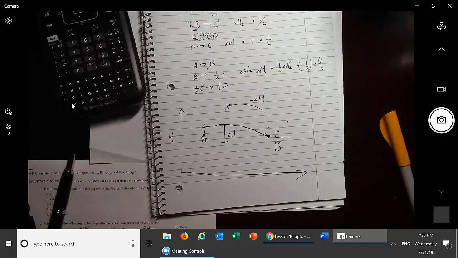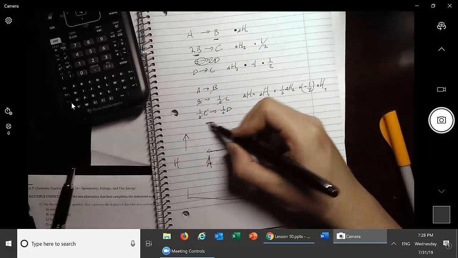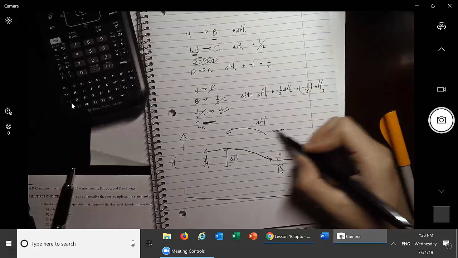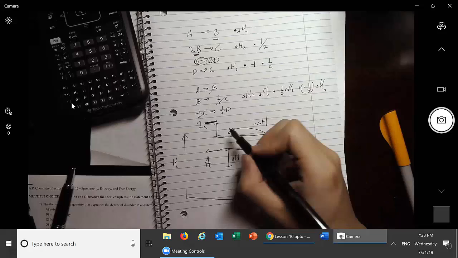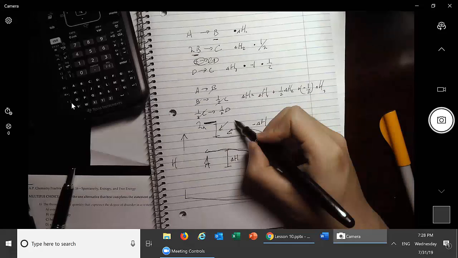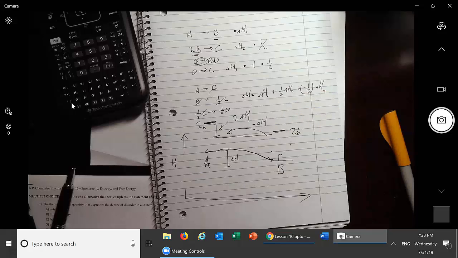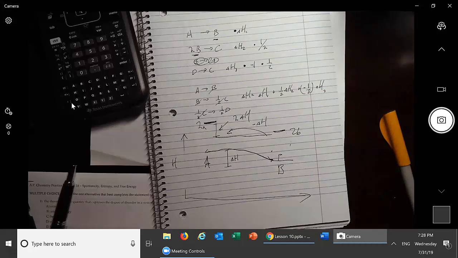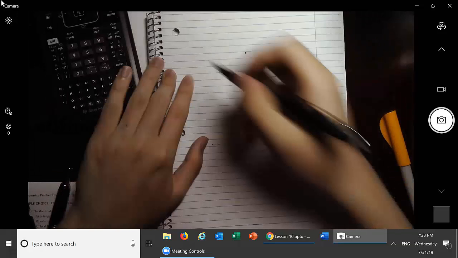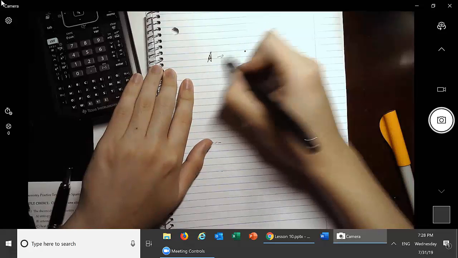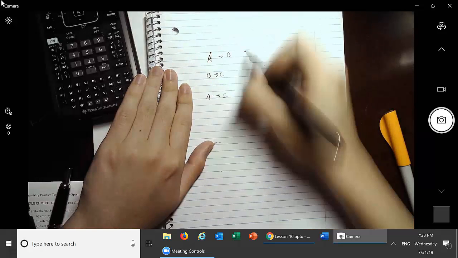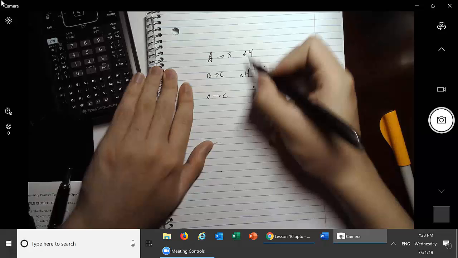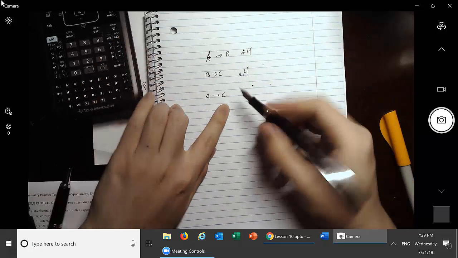And so if this is A, then this is going to be 2A. If this is B, this is 2B. And then the difference between 2B and 2A is going to be 2 times delta H. Okay? So what's the takeaway? If we want to combine two reactions, all we do is add their delta H's.